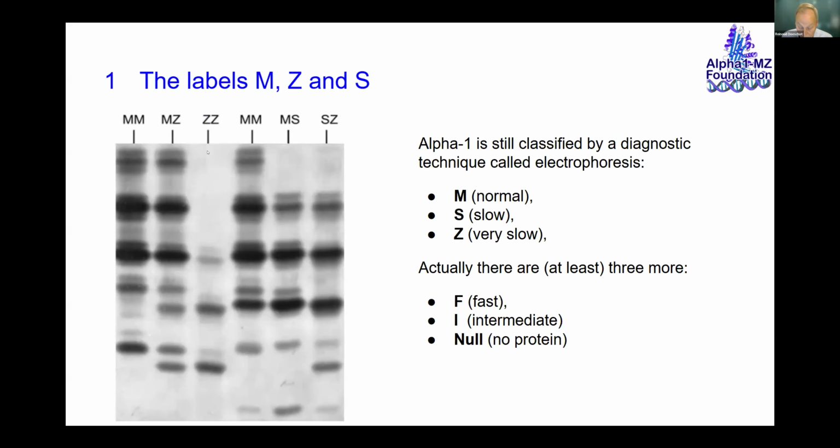But there are more labels. We now know of others like F, I, and null. M is for normal, S for slow, Z for very slow, F for fast, I for intermediate, and null for no protein. It doesn't show in the bands. While electrophoresis is simple and still used, it doesn't tell the full genetic story.